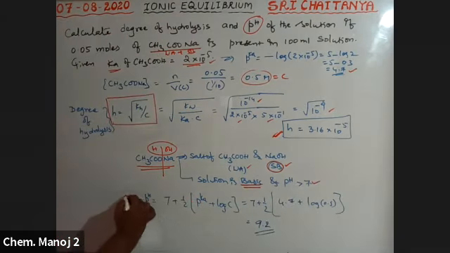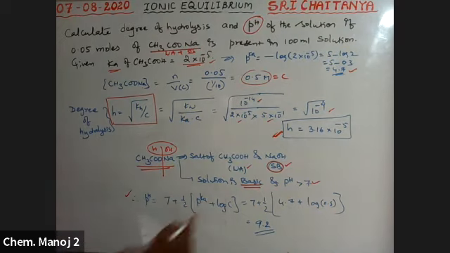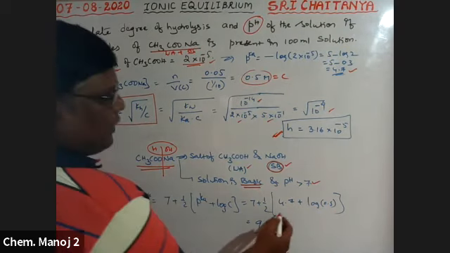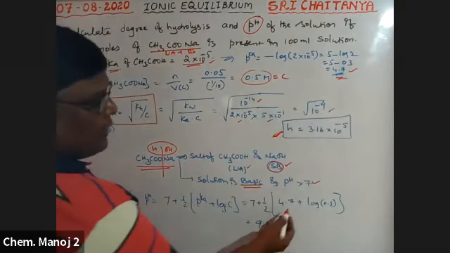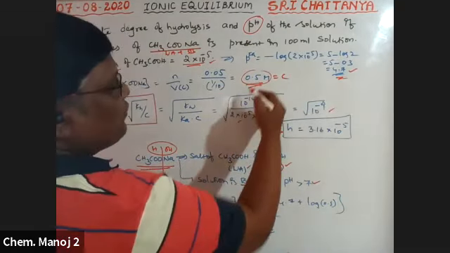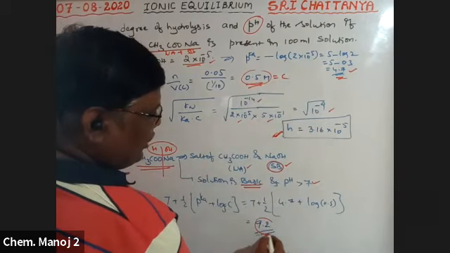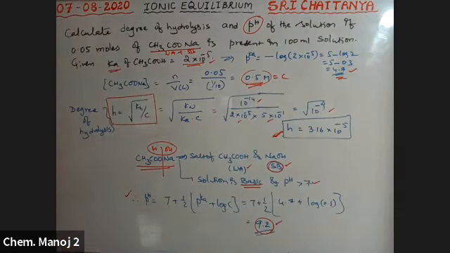To calculate pH, pH is equal to 7 plus 1 by 2 (pKa plus log C). So 7 plus 1 by 2 of pKa, which we already calculated as 4.7, plus log C, where C is 0.5. After final calculation, our answer is 9.2.